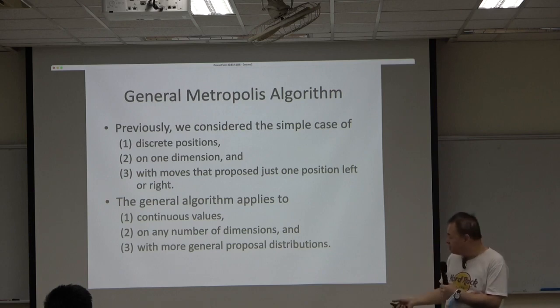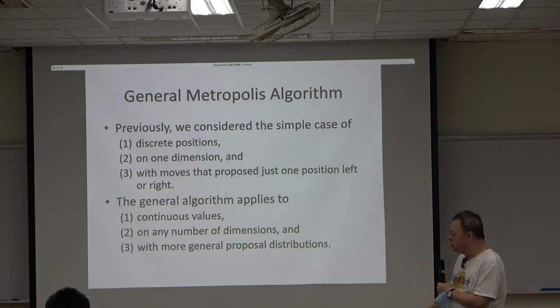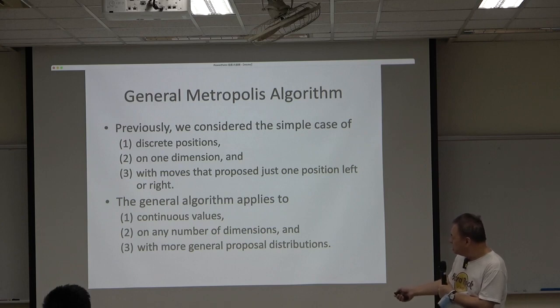So this is the simple case, but it turns out that we can generalize it in a much more realistic scenario. It can be used for continuous values on any number of dimensions, and with more general proposal distributions.